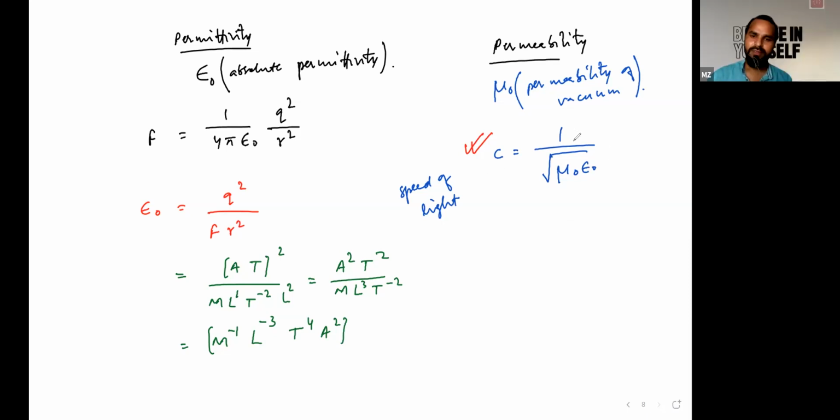How to simplify this particular part? First of all, square both sides so that this particular root would cancel out. Now rearrange them to find mu naught.